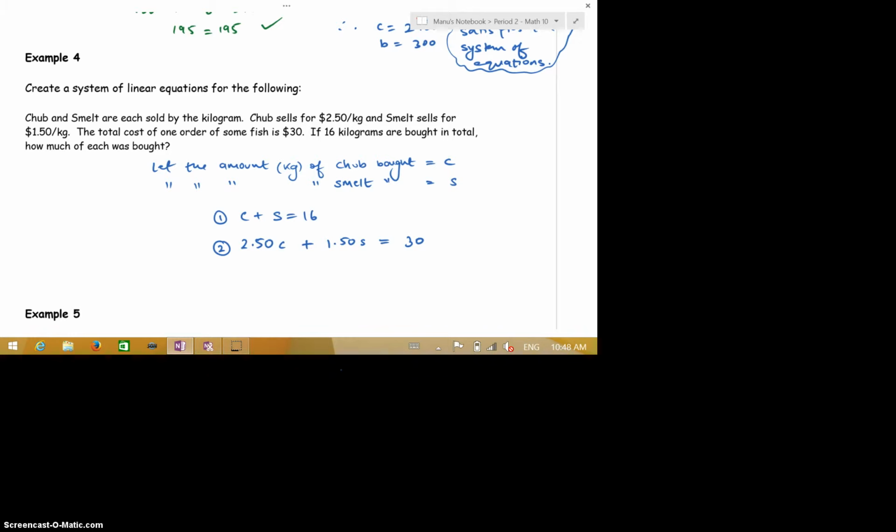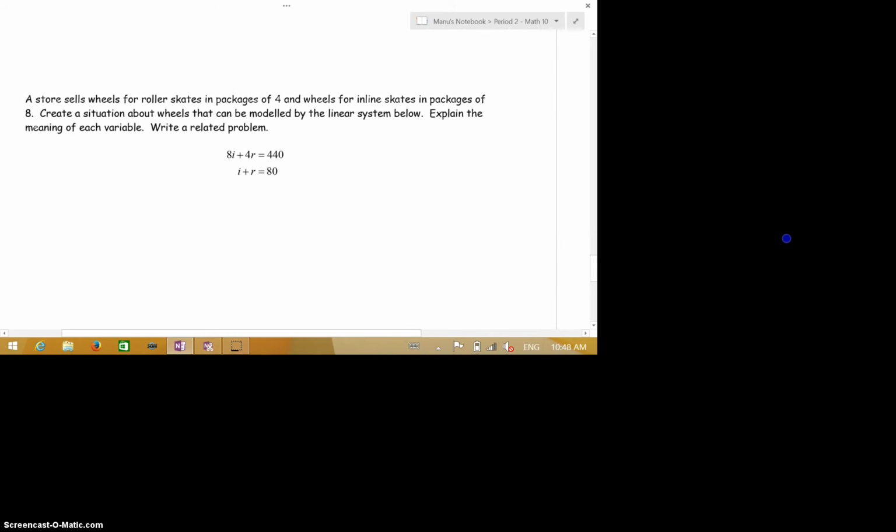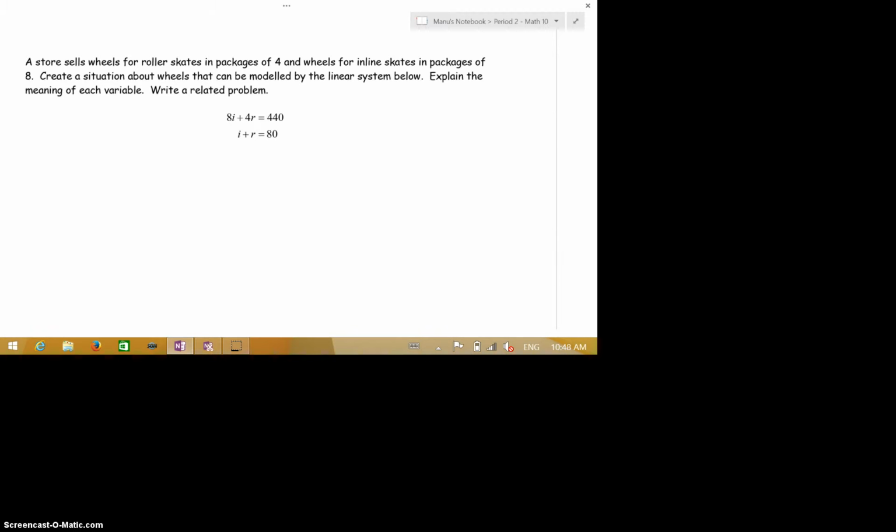Okay, we'll finish off with one last example over here on the other page. So this time we're sort of working backwards, well, kind of backwards, and we're looking at equations and trying to come up with the word problem that goes with it. So a store sells wheels for roller blades or roller skates in packages of 4 and wheels for inline skates in packages of 8.